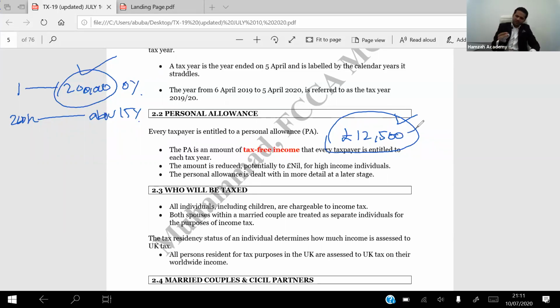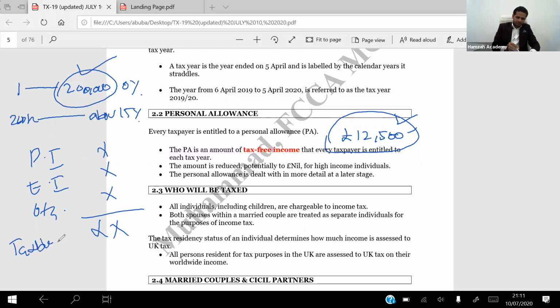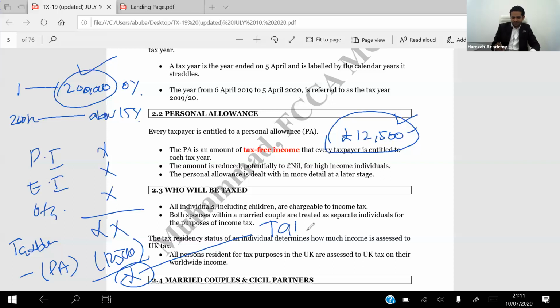So imagine there was a calculation of property income, there was an employment income, and let's just say other income from savings. So 1, 2, 3. Total taxable income, minus personal allowance, 12,500. Now this is the amount on which he will be taxed.